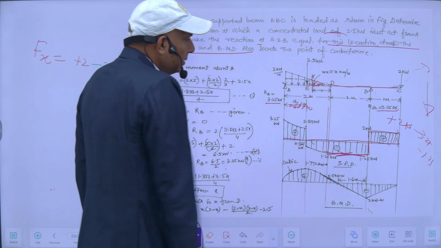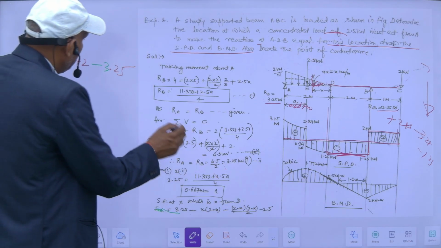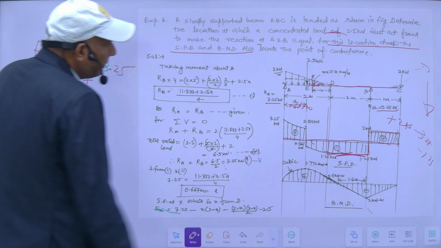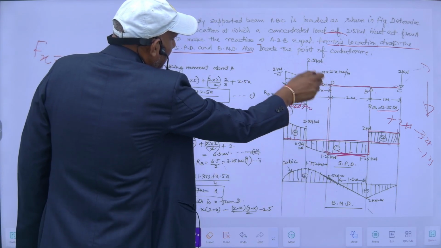This is downward, so it is positive, since I am starting from the right side, where downward is positive.